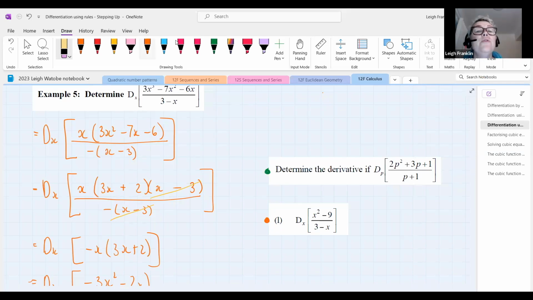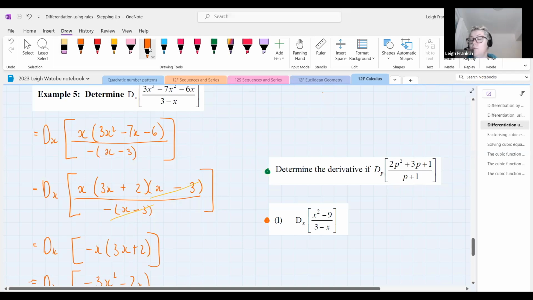Okay, anyone do the green one and want to give it a try for us? Ntando, you're on fire tonight. Ntando, go for it. What did you do with the green one?